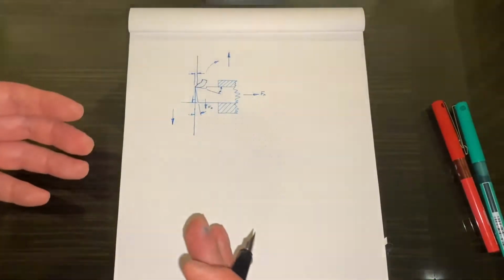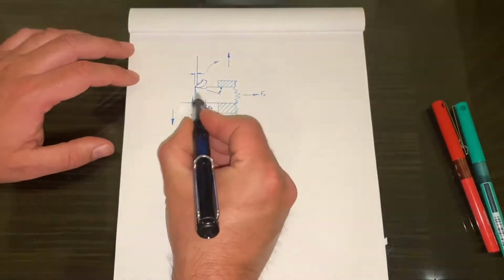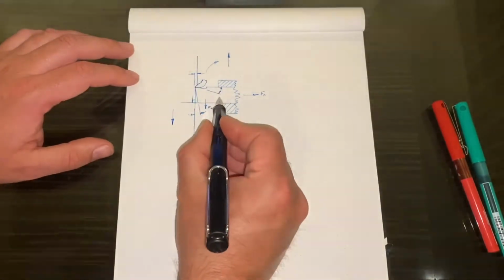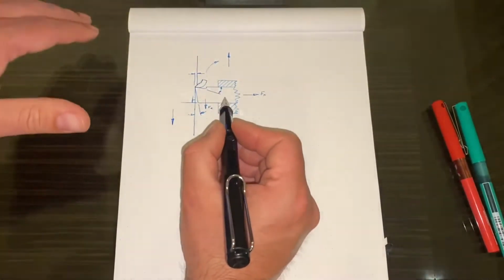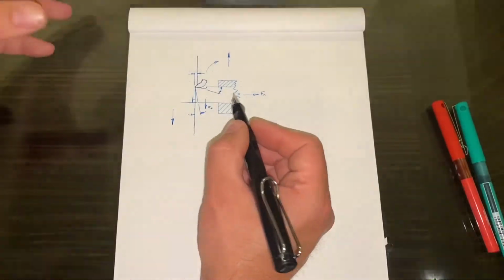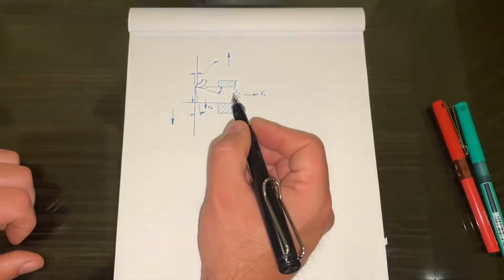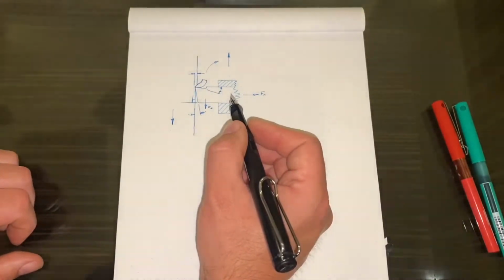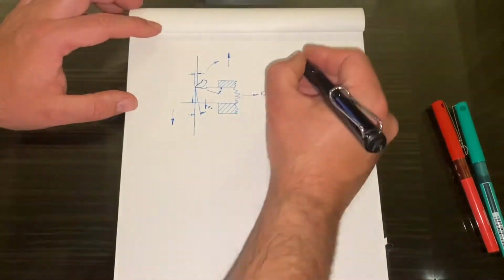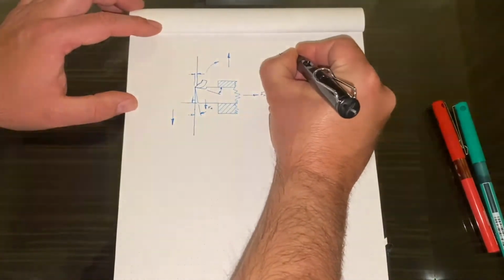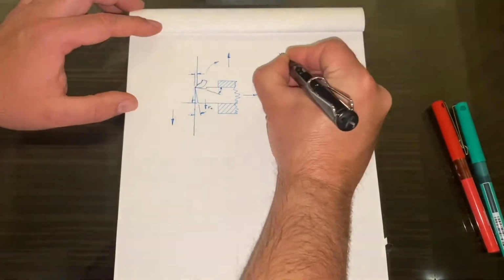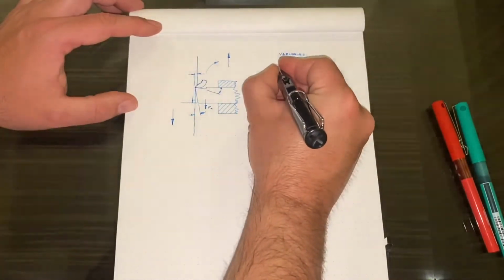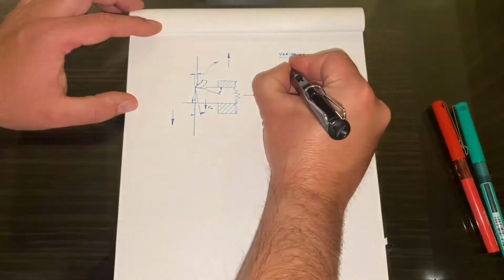But the longer it is, the longer this lever becomes, and any deflection in this tool becomes more pronounced because the length is increased. So we always aim to keep that to a minimum. So that's one of the variables. So the first one is tool overhang.